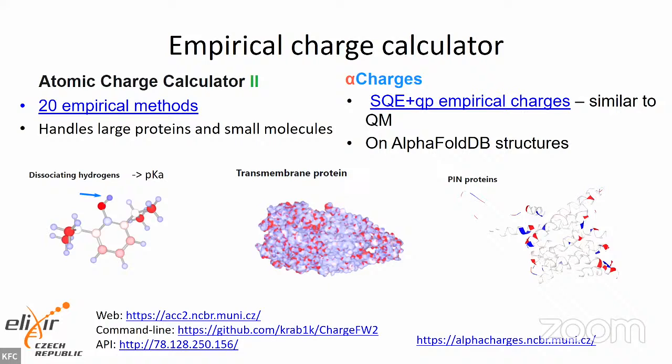In our tool, Atomic Charge Calculator, you can select from approximately 20 different methods from different sets which were found in the literature. And we developed our own method, which divides the atoms into atomic types. And for each atomic type, we basically have a pre-defined value.